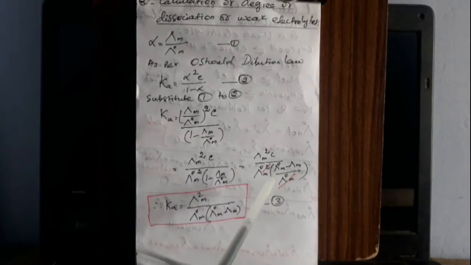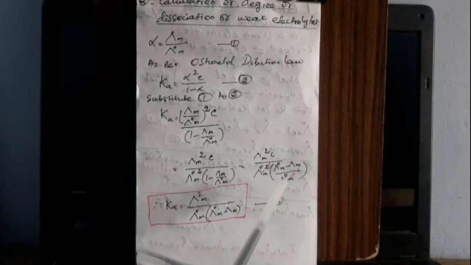So lambda m squared C divided by lambda 0 m squared times (1 minus lambda m divided by lambda 0 m). Take the LCM: lambda m squared C divided by lambda 0 m squared into (lambda 0 m minus lambda m) divided by lambda 0 m. The square and the single power cancel, so the final answer is Ka equal to lambda m squared C divided by lambda 0 m into (lambda 0 m minus lambda m).